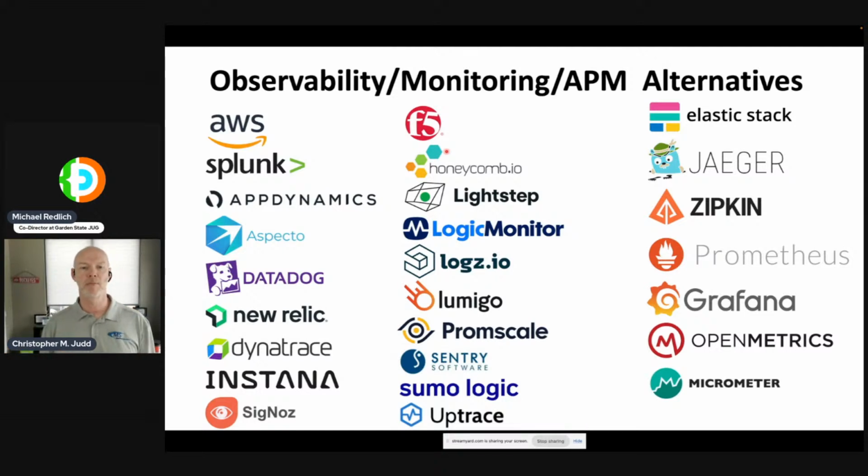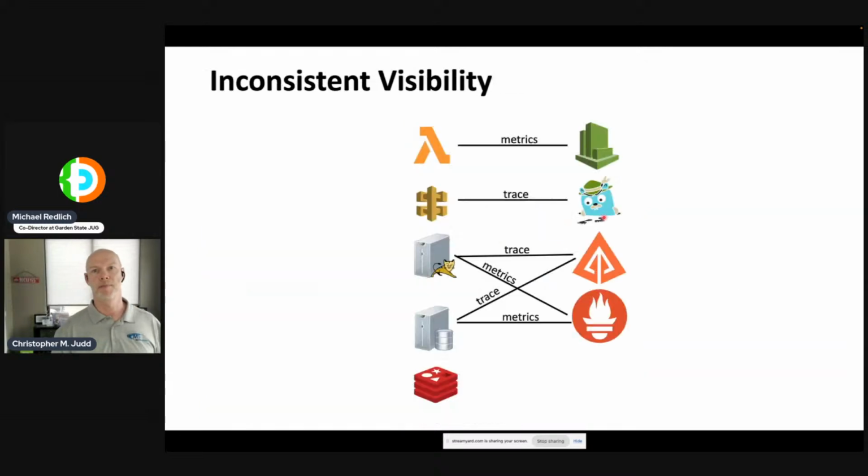So you might be using some of these already, and that's fine. It will probably work with those either today or in the short future because the industry is really adopting OpenTelemetry very quickly. So let's talk about, why do we need OpenTelemetry when we do have all these solutions today?